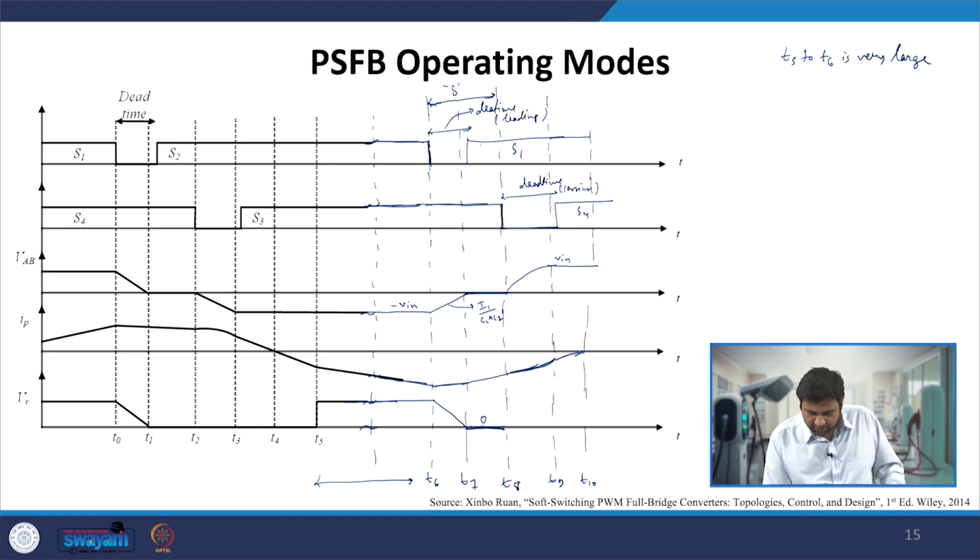After this, the slope is nothing but Vin by L leakage. After it reaches this point, this one is still on, and it reaches this point.